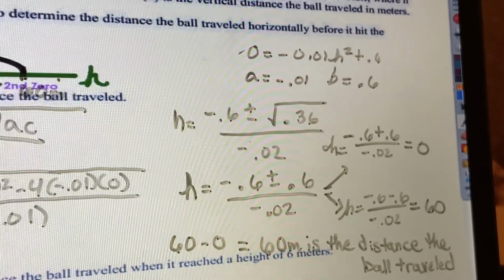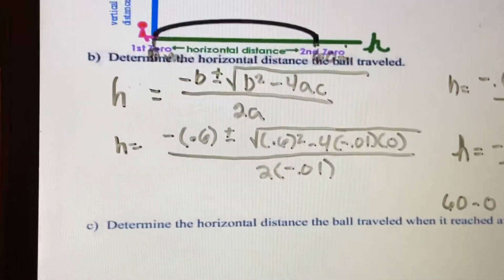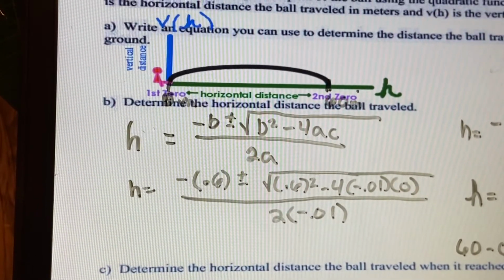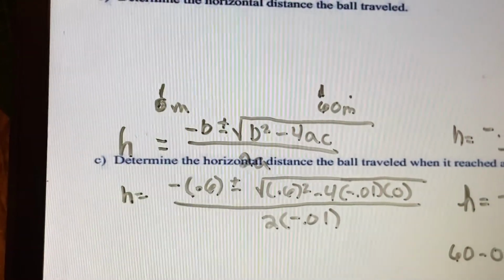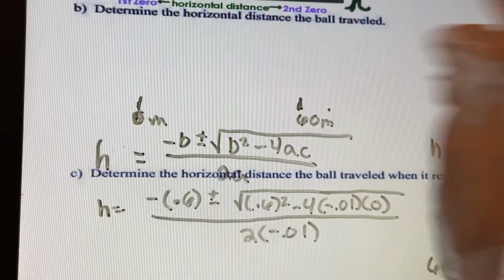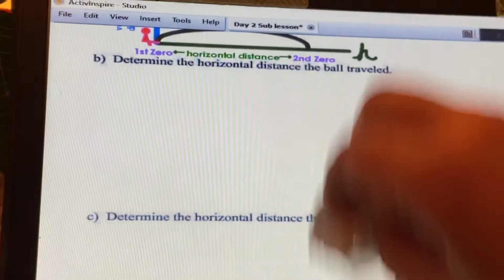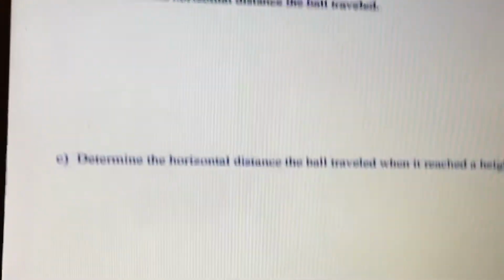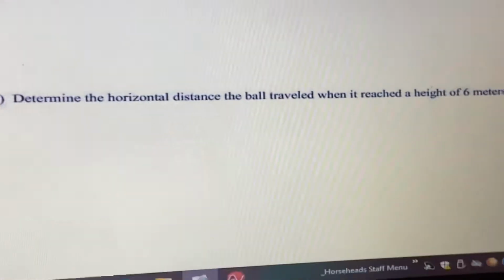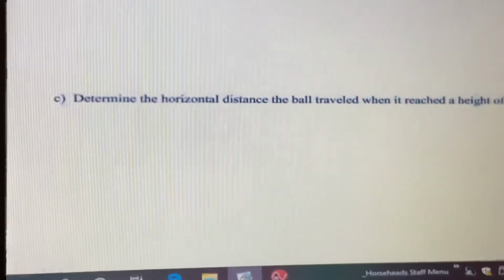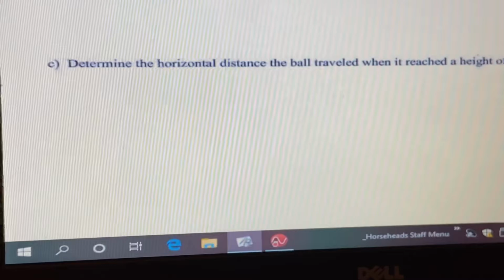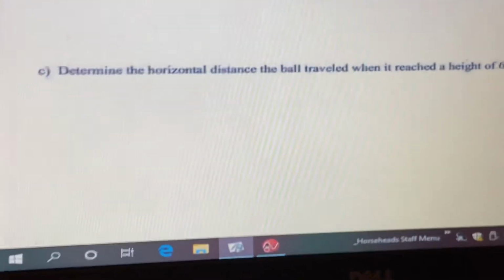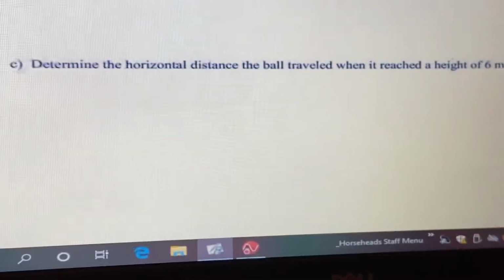Okay. Now the next part. Determine the horizontal distance the ball traveled when it reached a height of 6 meters.